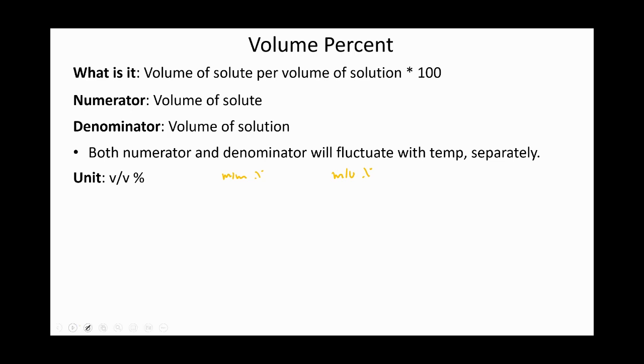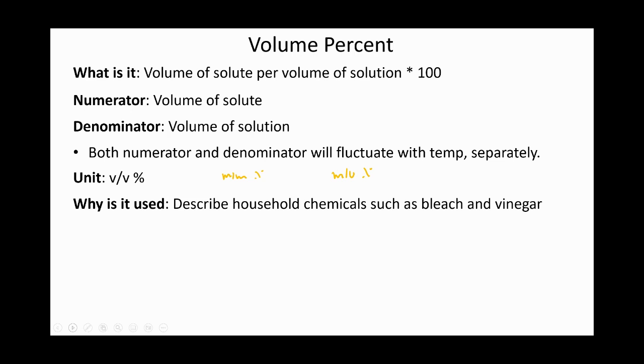And so this is another way that we can describe household chemicals such as vinegar and bleach. In this case, we could talk about having a 5% volume over volume acetic acid or vinegar solution. Or if we're needing to bleach something, maybe we'd say a 10% bleach solution.